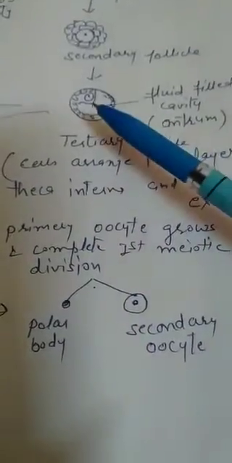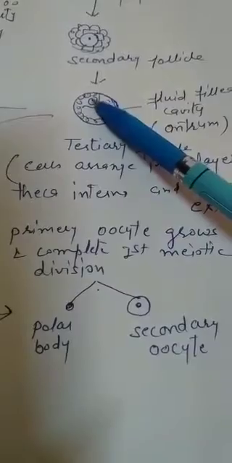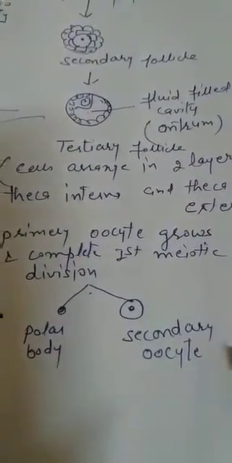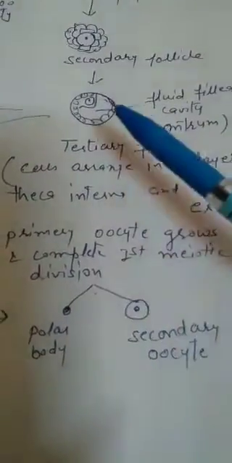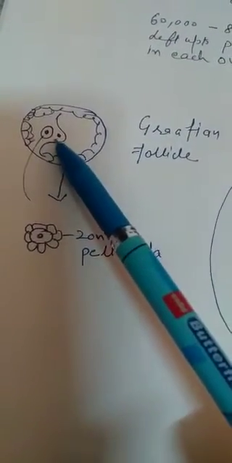I am showing how this cell is divided. This polar body will degenerate later on, and this secondary oocyte which is formed will remain here. This is now secondary oocyte and polar body.